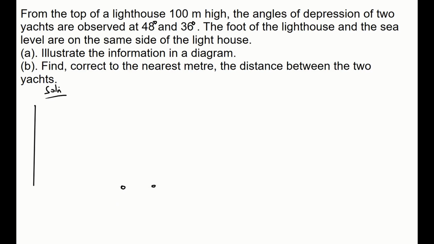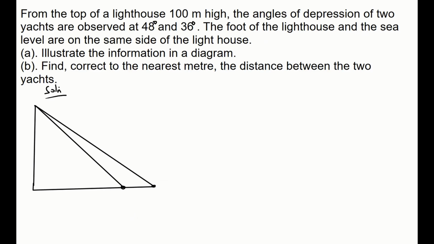Then we match from the top of the lighthouse to the first yacht and also to the second yacht. The question says the foot of the lighthouse and the sea level are on the same side, so these are all on the same side.